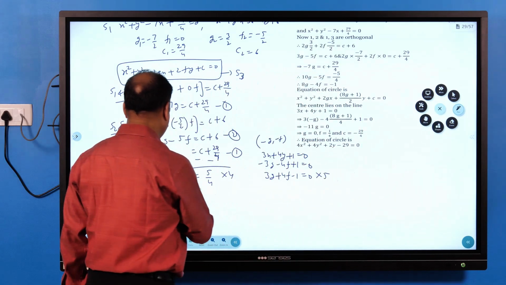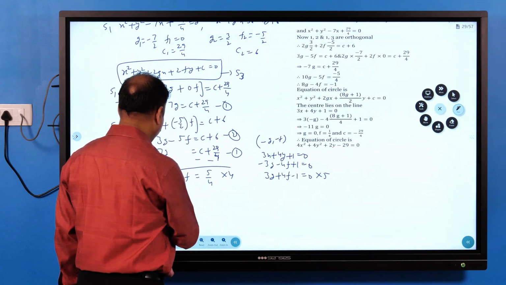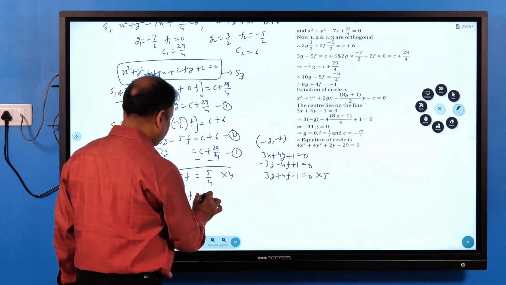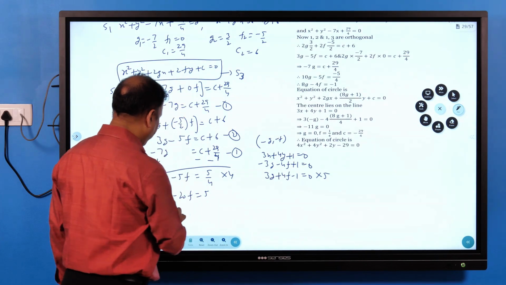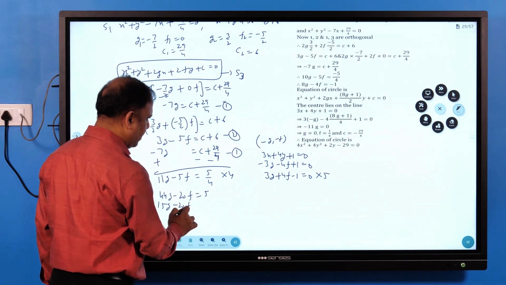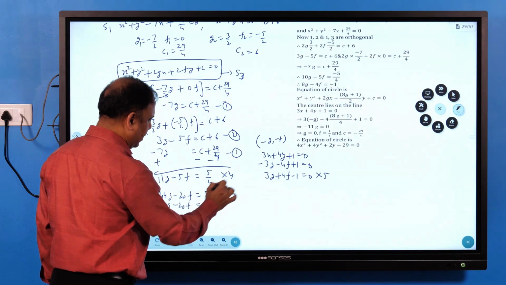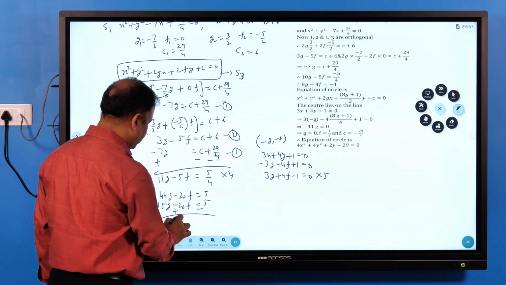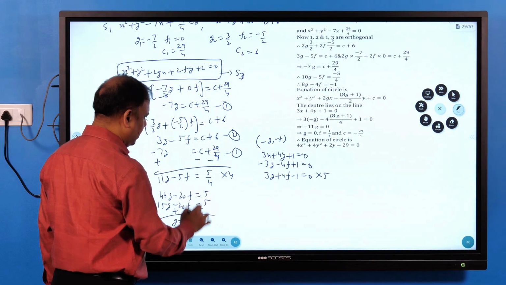So this will be 11 into 4, 44g minus 20f is equal to 5. From here 15g minus 20f is equal to, again this is 5. So minus plus minus, so this will give you g is equal to 0, they will cancel.